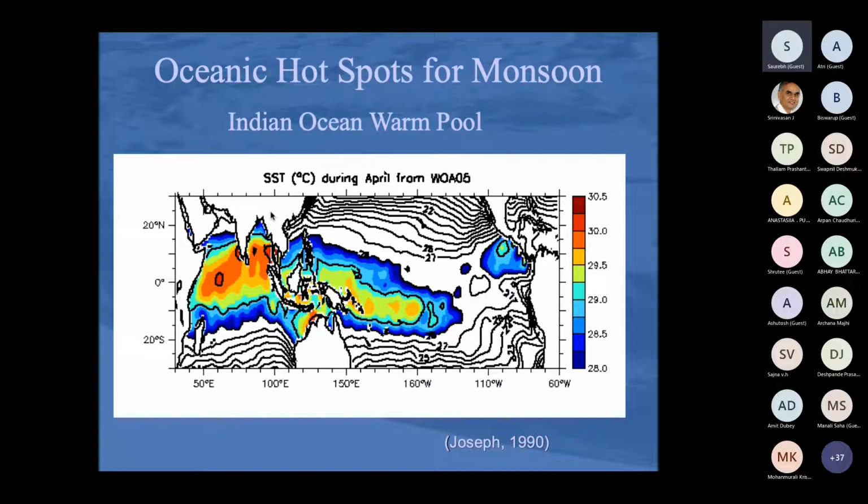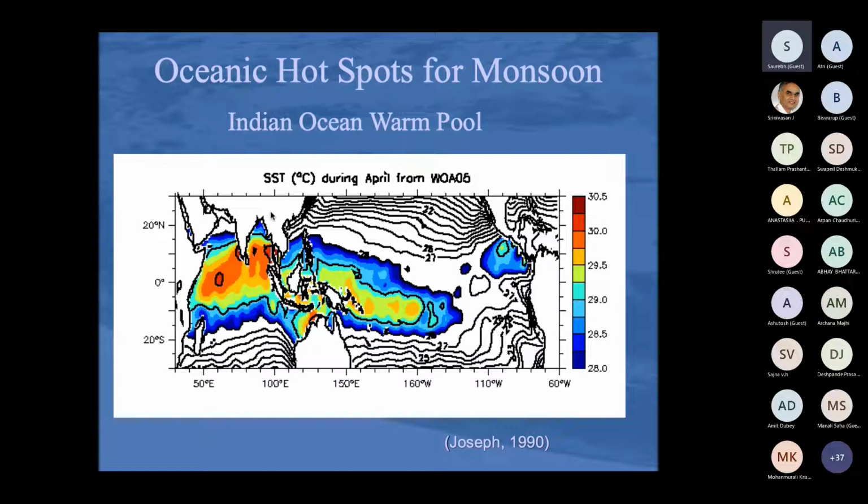Now, why 28 degrees? There was an interesting paper published in Nature in 1984, which had a remarkable result. It showed that if you look at the cloudiness in the tropical atmosphere, it is a function of sea surface temperature. And in addition, it has a threshold above which the convection, or the organized convection, increases rapidly.